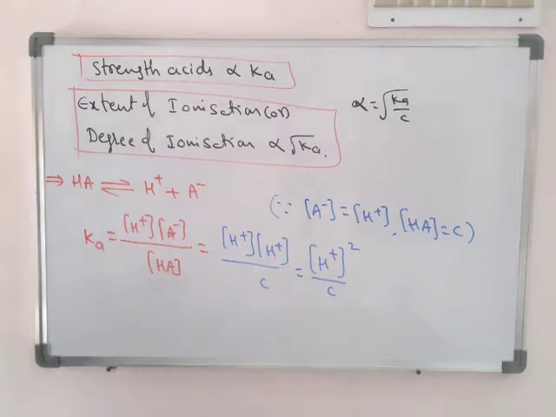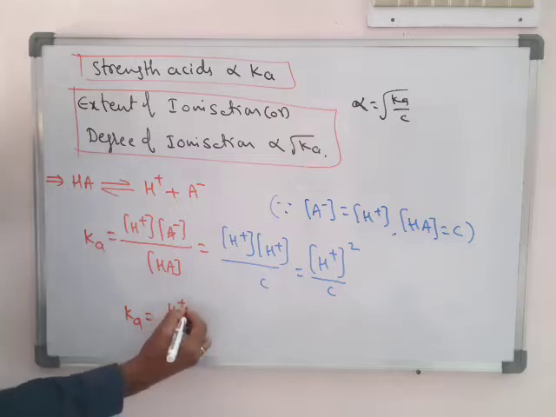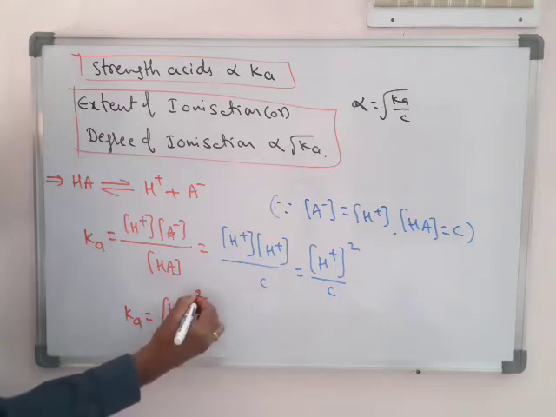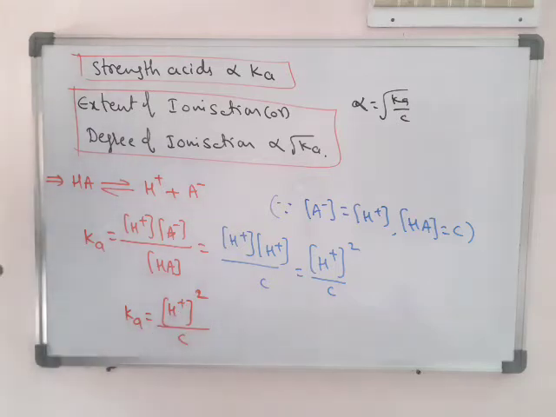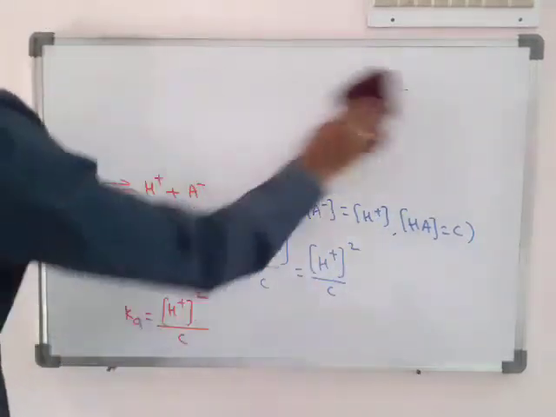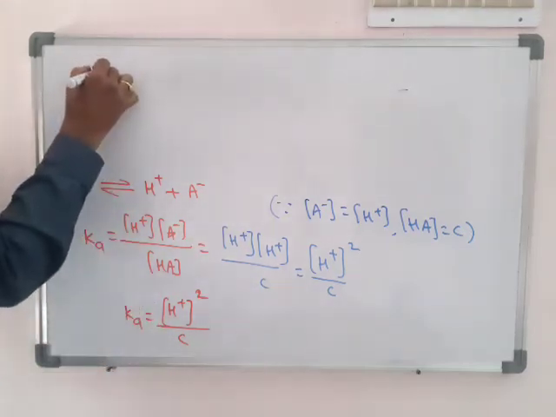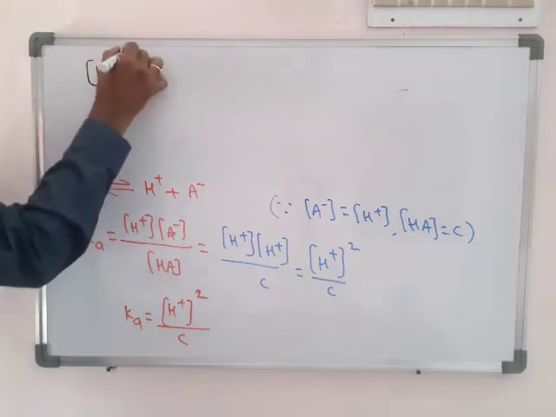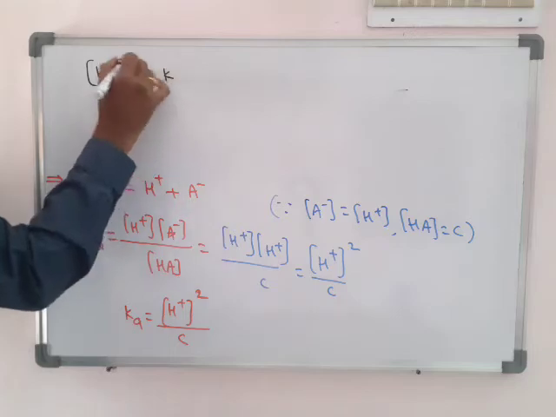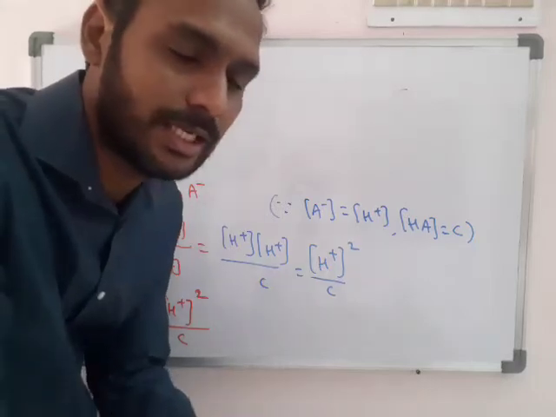So here we got Ka is equal to H plus square by C. Now you can write some more formulas based on this. What is H plus square according to this equation? H plus square equal to Ka into C, where C is the concentration and Ka is the dissociation constant.